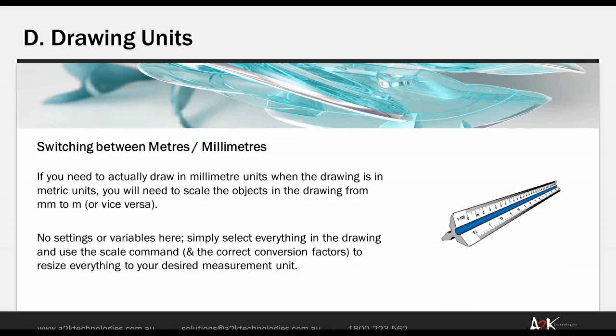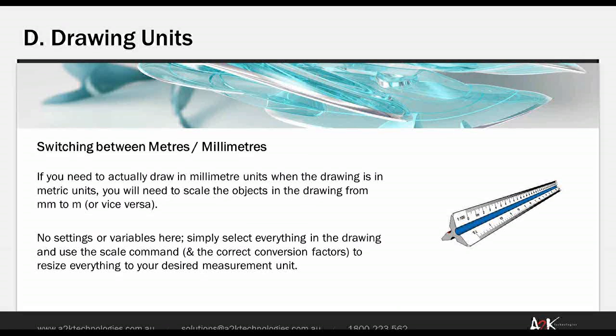So switching between millimeters and meters: if you need to draw in millimeter units when the drawing is in metric units, you need to scale the objects in the drawing to millimeters or vice versa. So if you're in millimeters and you take objects that have been drawn in meters, you need to make sure that you scale everything up by a factor of 1,000.